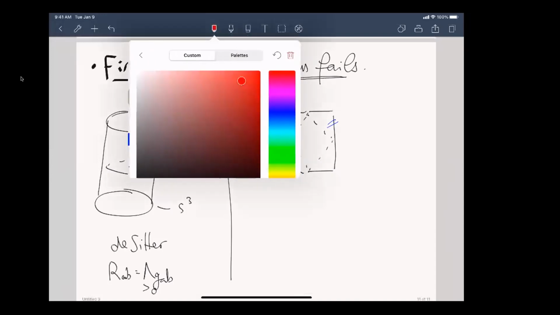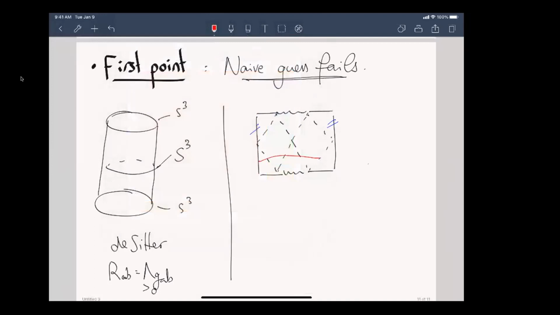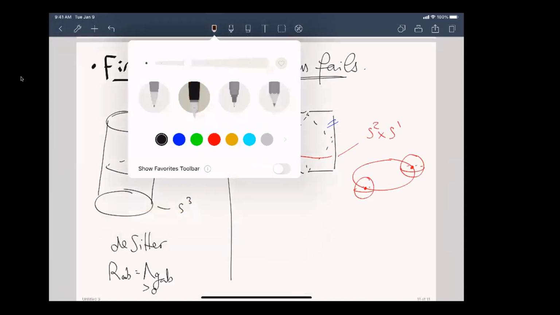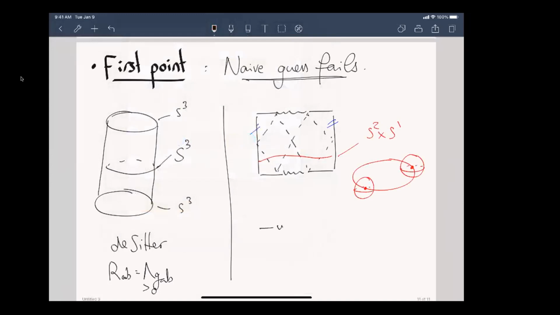And if I think of what a Cauchy surface is here, this is actually S2 cross S1. It's like a circle, and at each point in the circle there's actually a sphere. That's the topology of this red line. And of course, I can take what's called the universal cover of this, which is just unwrapping the S1. And when I do that, I end up with this.